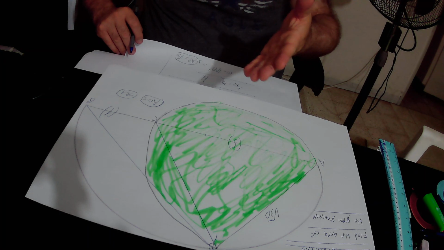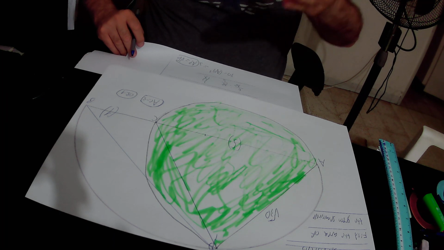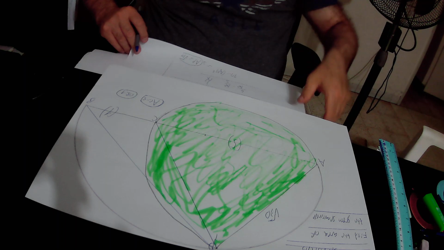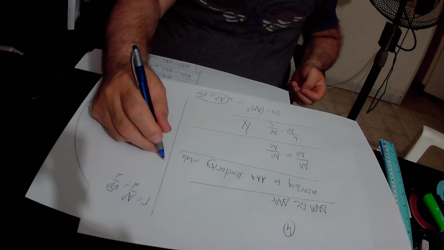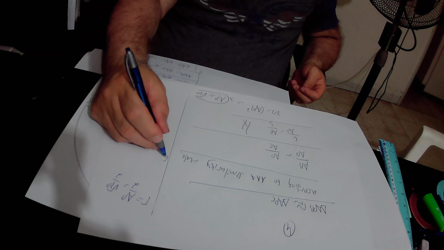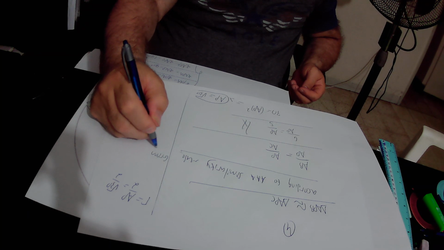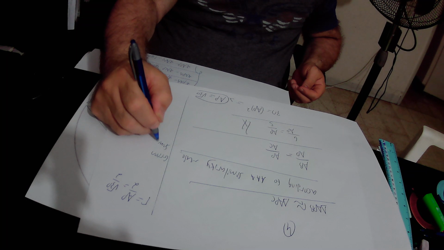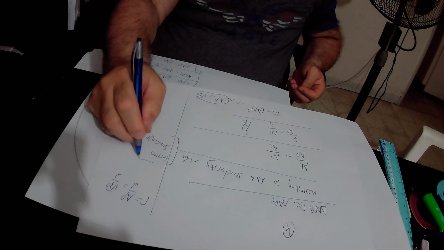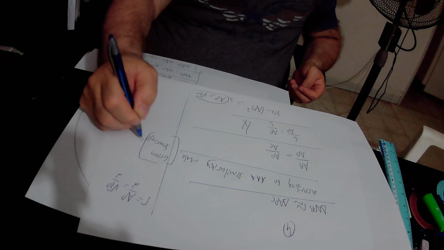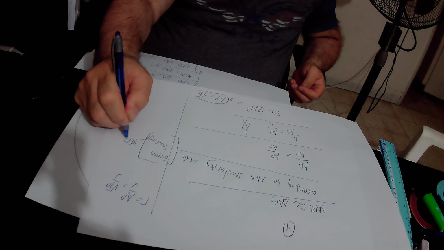And the area of this green semicircle equals the area of the circle over 2. So the area of the green semicircle must be equal to the area of the circle, that is pi r squared over 2.